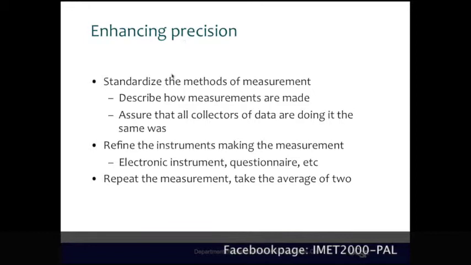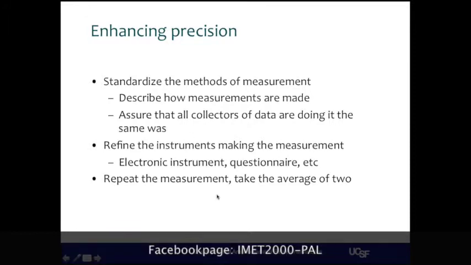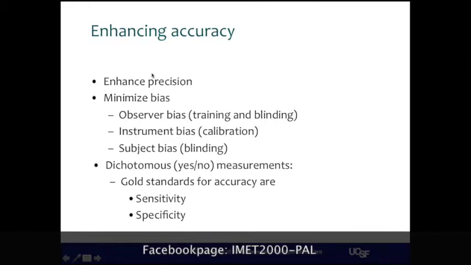Another way to enhance precision is to refine the instrument or tool that you are using to make the measurement. This could be an electronic instrument, it could be a questionnaire, etc. In the case of an electronic instrument, you make sure it's well calibrated, and you make sure the questionnaire is easy to understand and answer by your subjects. Another option is to repeat the measurement if it makes sense to do this and take the average of 2 or more values. So all of these are ways that people sometimes enhance the precision of a measurement.